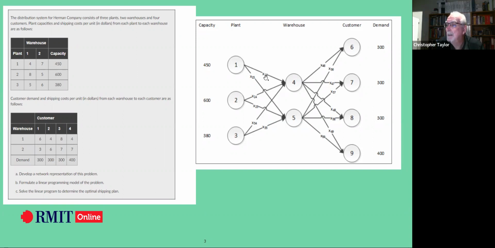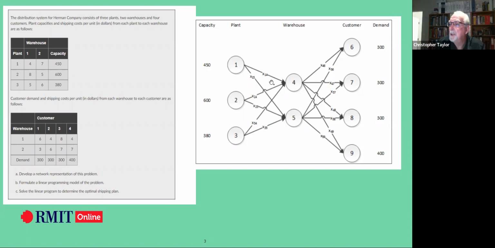X14 means it's coming from node 1 and going to node 4. Similarly, X15 is going from node 1 to node 5, X24 is from node 2 to node 4, and X25 is node 2 to node 5. The benefit of that is, firstly, we've got an X, so we've got an idea it means something.